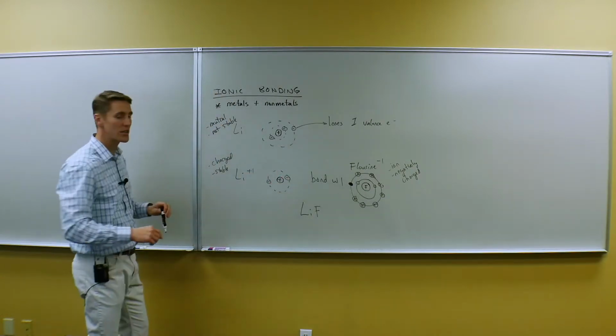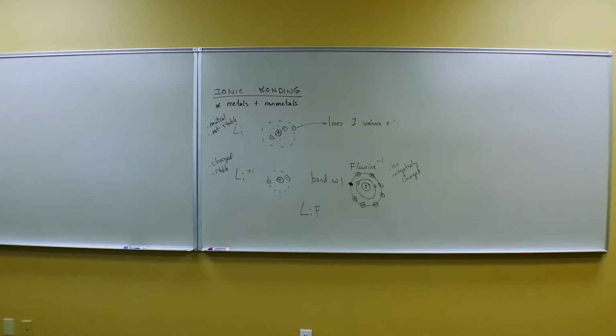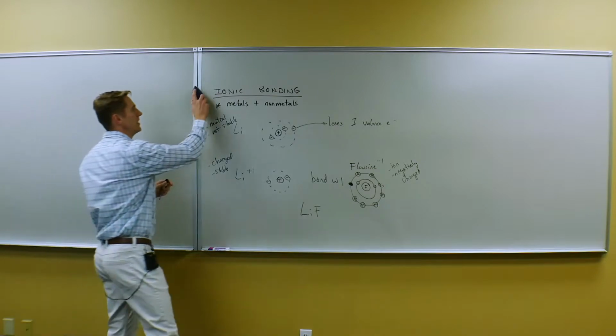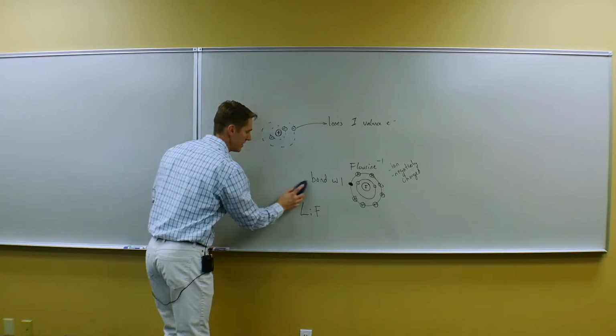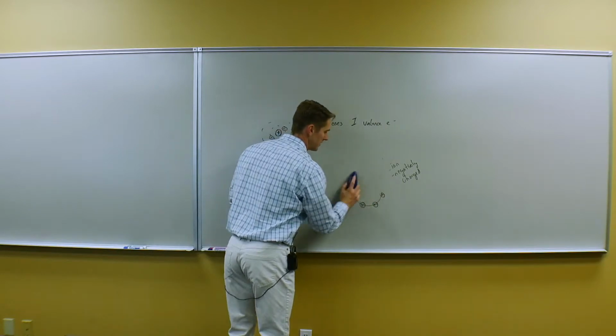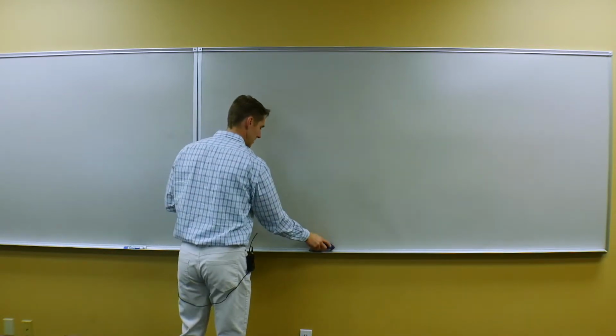Let's talk about covalent bonds. If ionic bonding involves a transfer of electrons, covalent bonding is going to involve sharing of electrons.